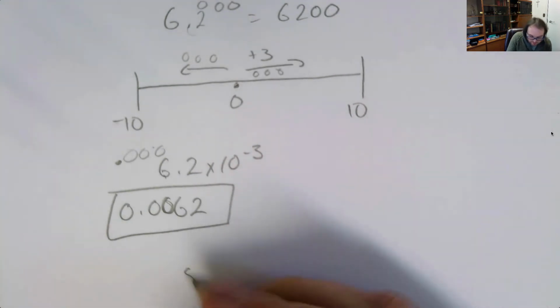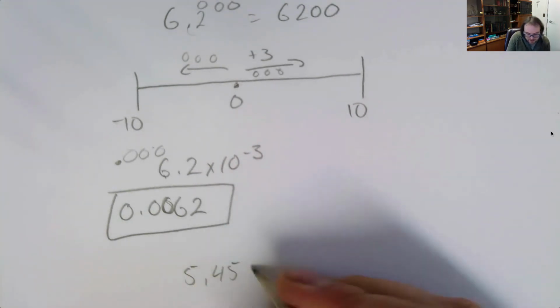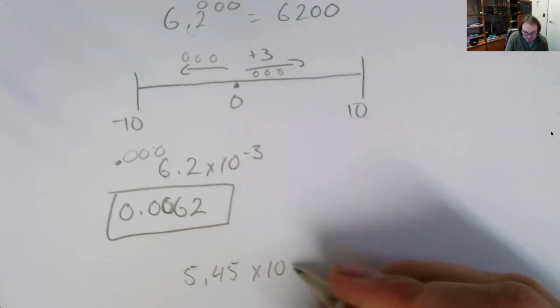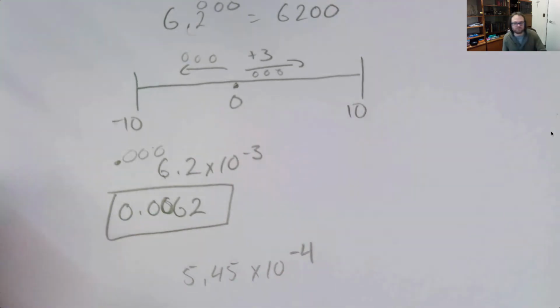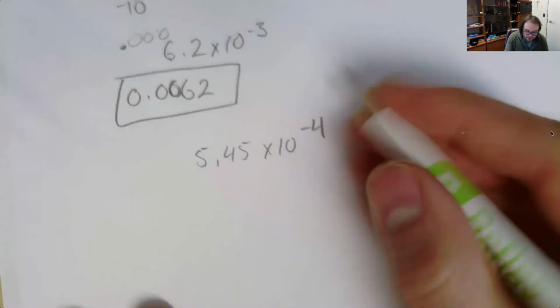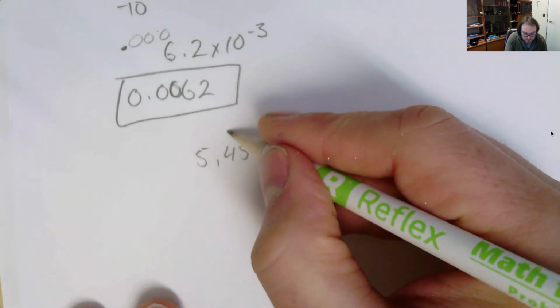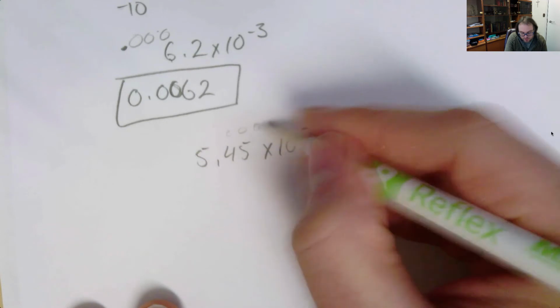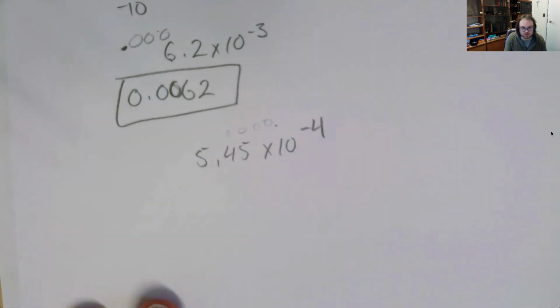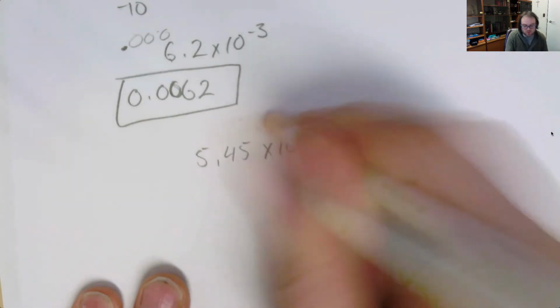Let's try 5.45 times 10 to the negative 4. So that's to the negative 4. If it was positive 4, I would put my zeros here: 1, 2, 3, 4, and then there's my decimal, and that's where it ends. Now it's going to be negative 4.